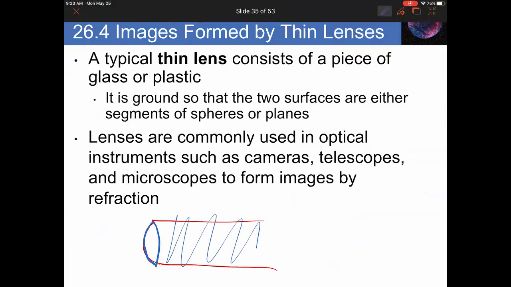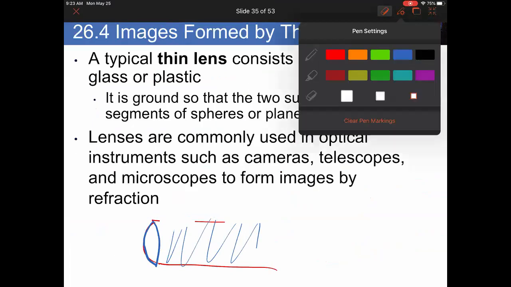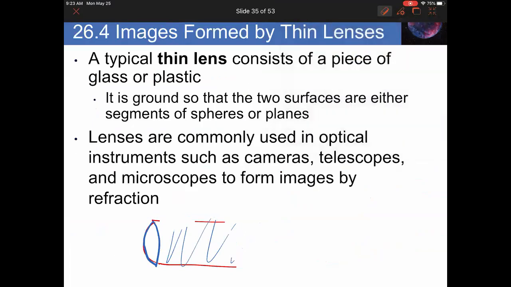That means I have a very small piece of plastic or glass. It is ground so that the two surfaces are either segments of a sphere or a plane. Lenses are commonly used in optical instruments such as cameras, telescopes, and microscopes to form images by refraction.